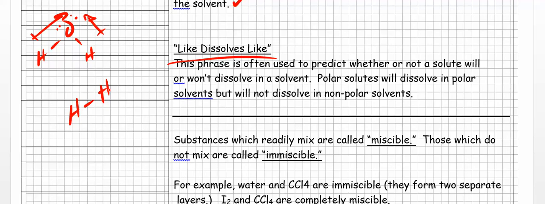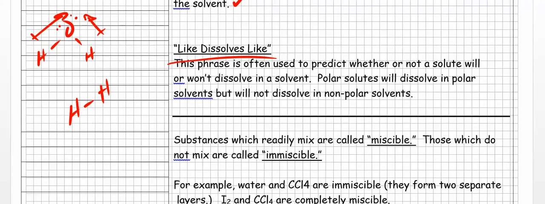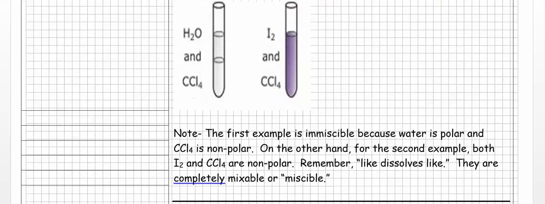Hydrogen gas is nonpolar. They're not going to mix very readily, because one's polar, one's not. And that's what we mean by like dissolves like. Okay, like dissolves like. So I hope that makes sense, all right? Substances which are readily mixed are called miscible. Okay, miscible and mixable are essentially the same, right?